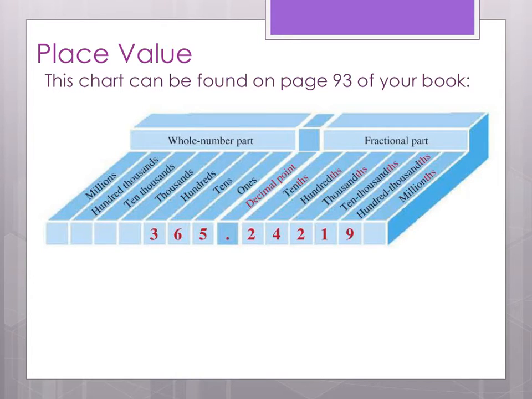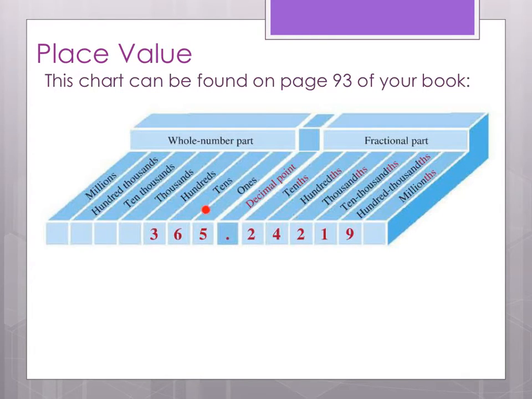Now this chart can be found on page 93 of your book. And let's notice what's going on here. Everything to the left of the decimal is what we call a whole number, and everything to the right of the decimal is the fractional part. Now, to review, the whole number parts start with the ones place, and then they increase by multiples of 10.